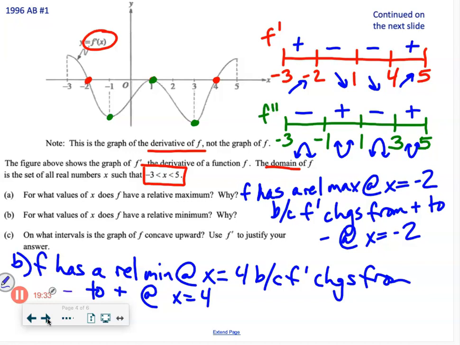Our last question, on what intervals is the graph concave up? Use f prime to justify your answer. The graph is concave up from -1 to 1 and from 3 to 5.